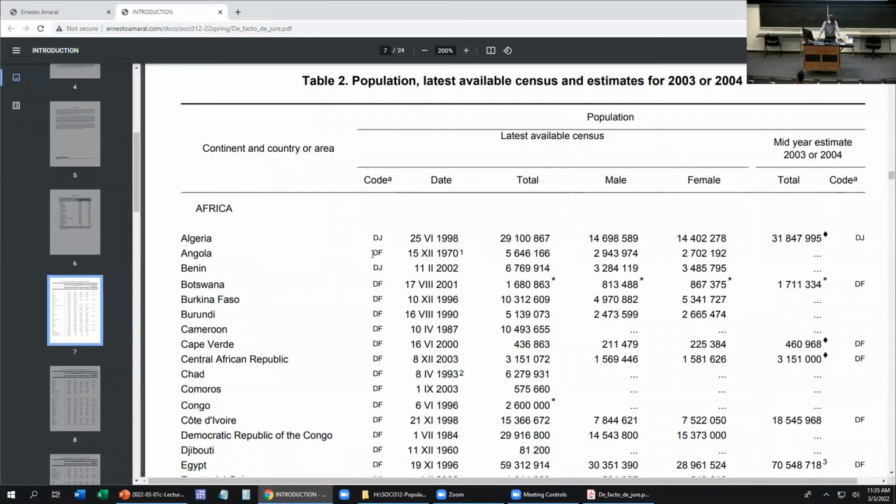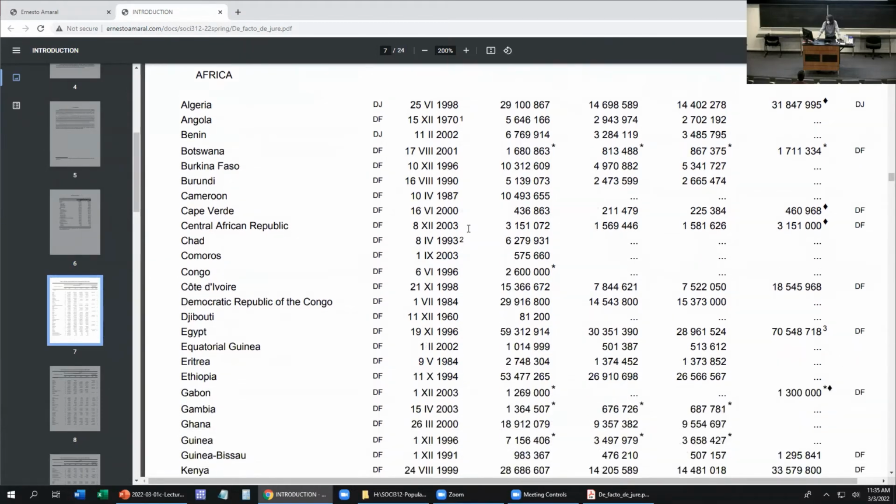Angola is de facto, December 15, 1970. The date of reference is here. Of course, in this case, it's not exactly from 2003 or 2004. It's the latest data that the UN had at that time, okay?